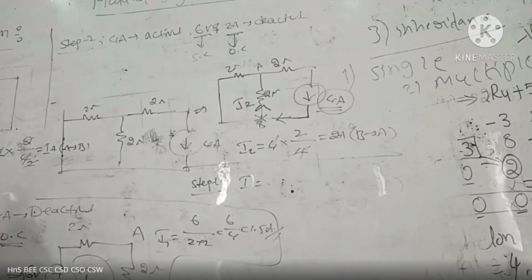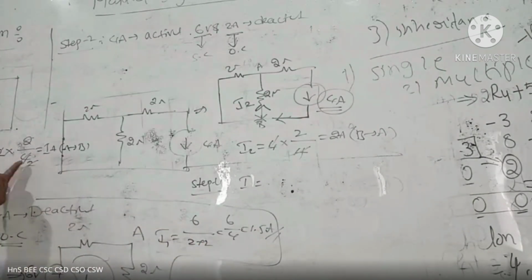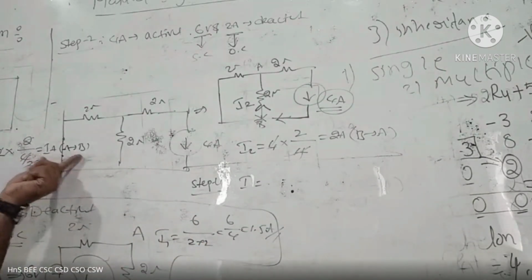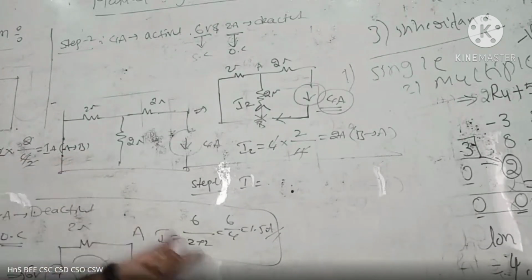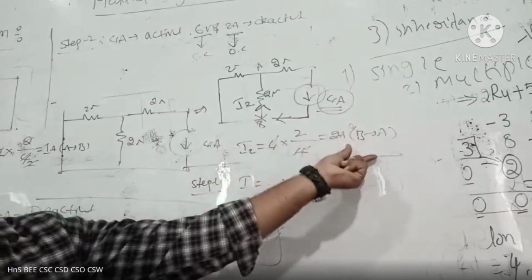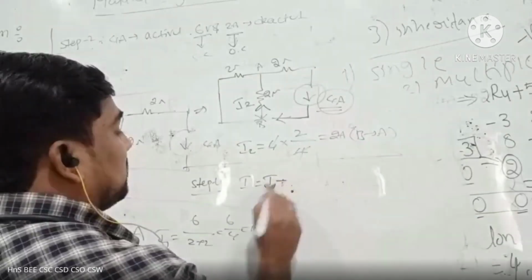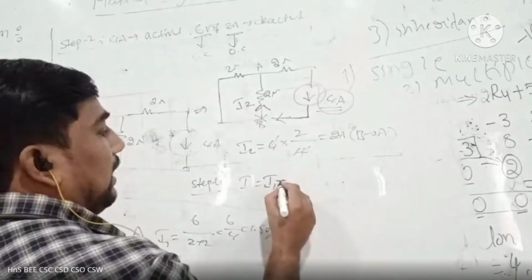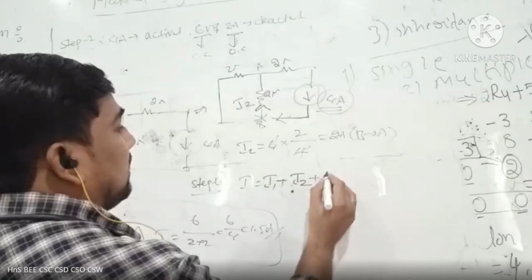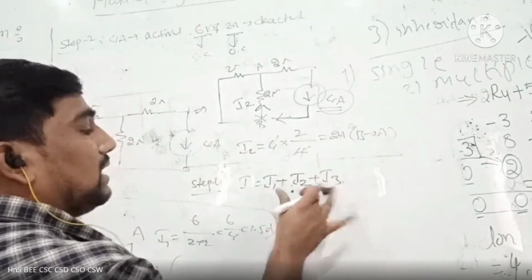The first current A to B direction, that is 1.5. The second current also A to B direction, that is 1 ampere. These two, I1 and I3, both are positive sign. The I2 will be minus sign, that is negative polarity because of B to A direction. Okay. I1 is positive and I2 is negative and I3 is positive because the majority is A to B direction.